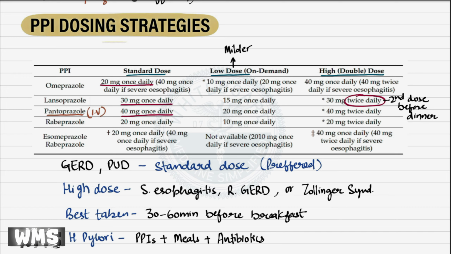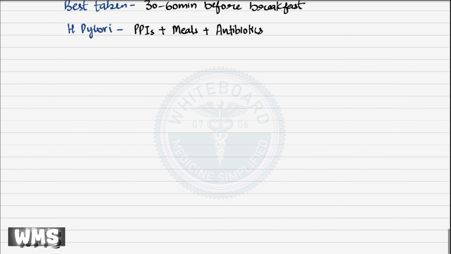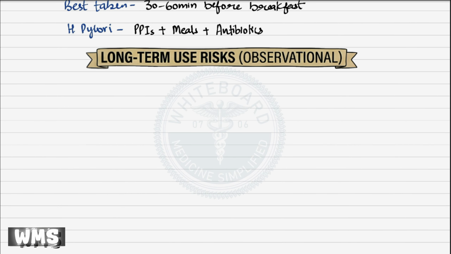Now, although PPIs are generally considered very safe drugs and have an excellent safety profile, it is still important to understand their potential adverse effects and drug interactions, especially during long-term use.